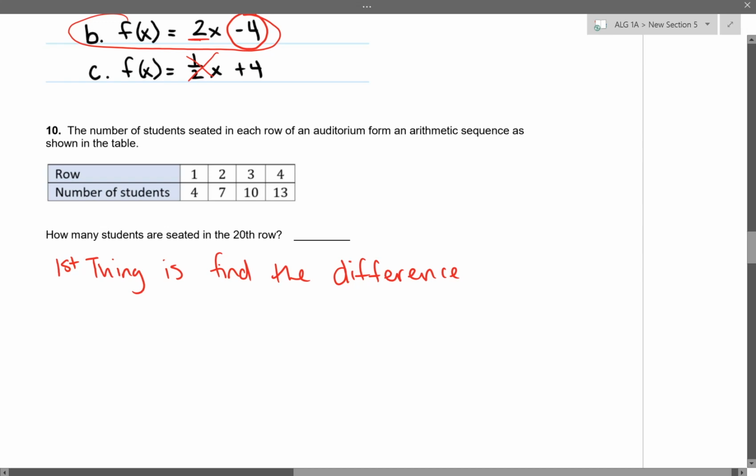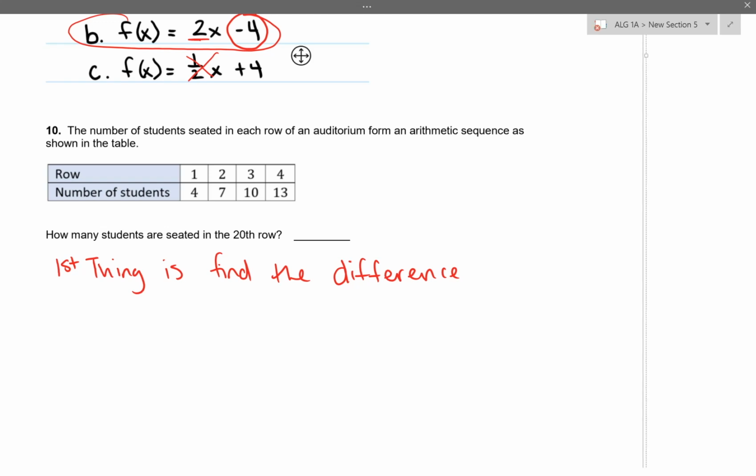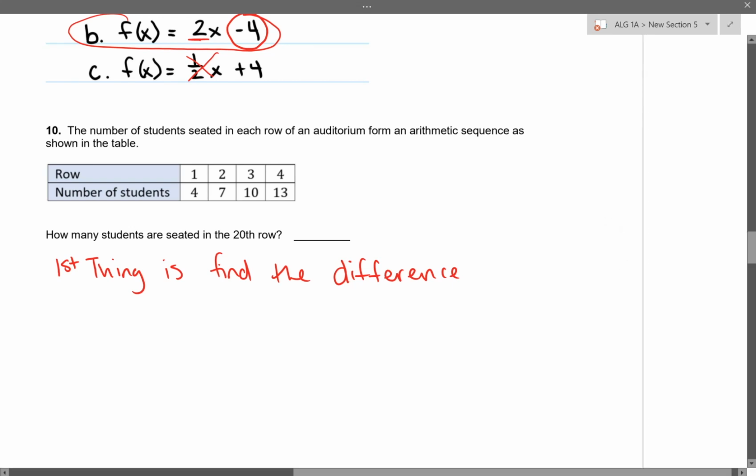Okay? Does anybody remember the formula? The formula for an arithmetic sequence is going to be A of n equals A1 plus n minus 1 times the difference.